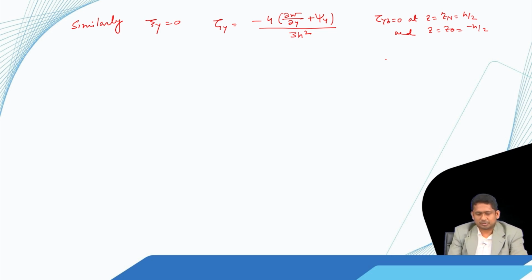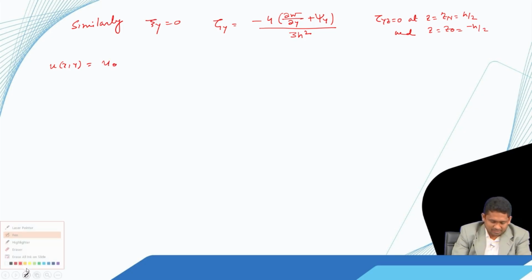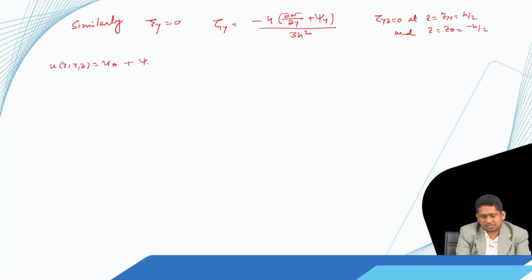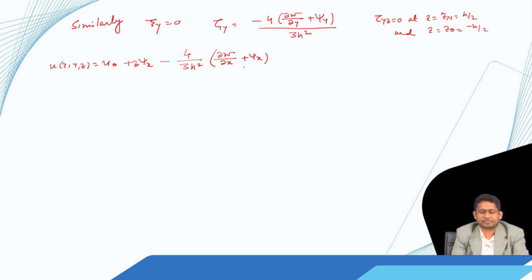So, now with all these we can write the new formulation. u as a function of x y z is u 0 plus z psi x, and then xi is not there, and then we have minus 4 by 3h square z cube into del w by del x plus psi x.